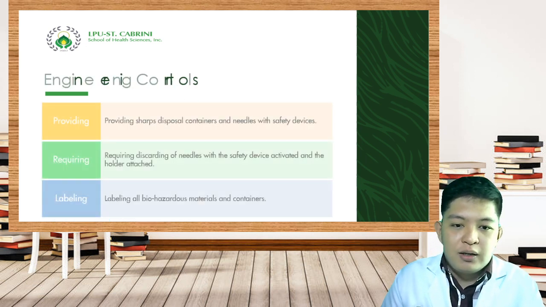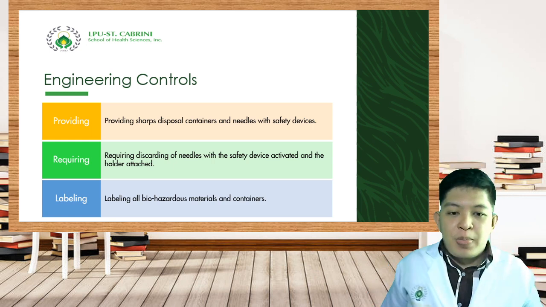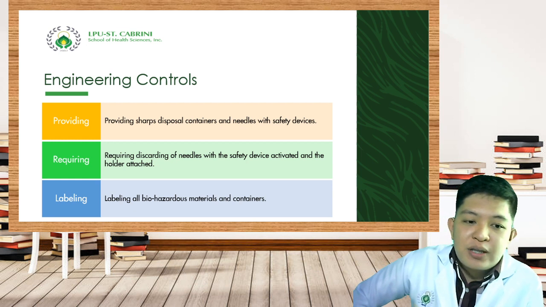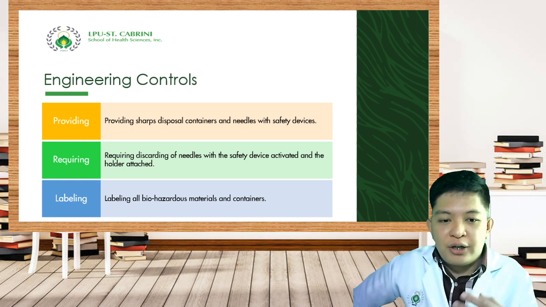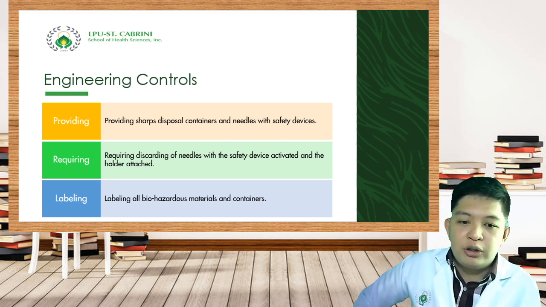Okay? So, engineering controls, this is the important one I was telling you about earlier. Providing sharp disposal containers and needles with safety devices. Requiring discarding of needles with the safety device activated and the holder attached.